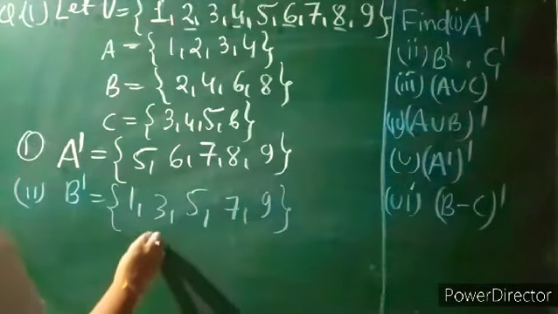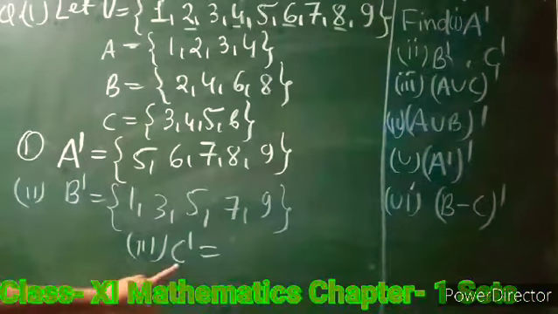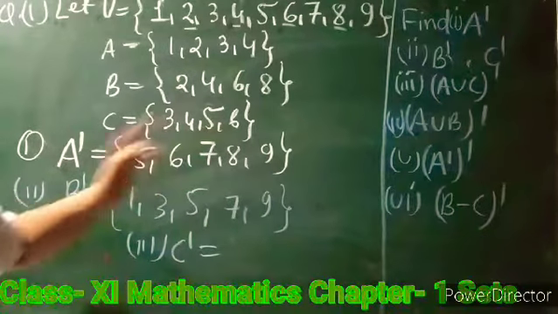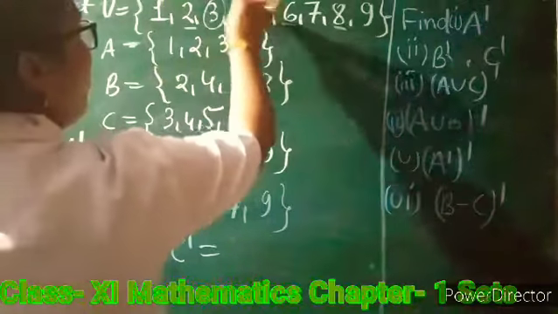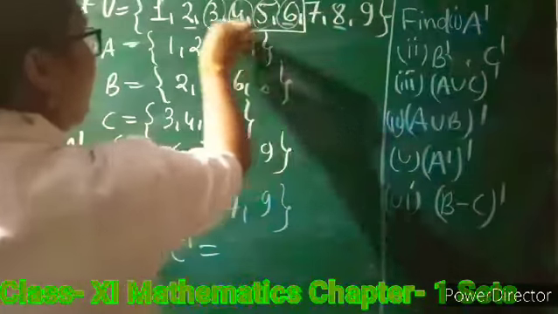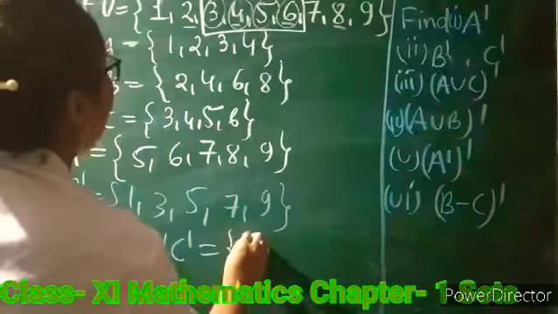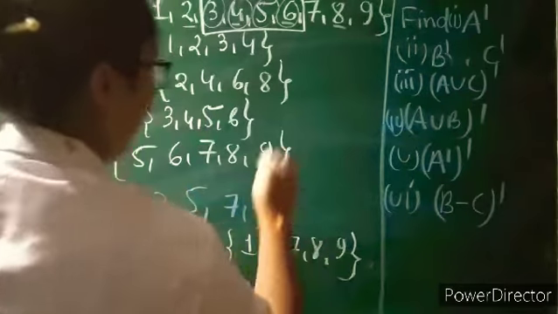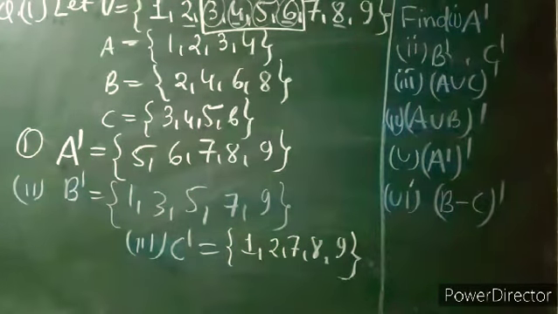And now the third, C dash, that means the complement of set C. 3, 4, 5, 6. Except these elements we consider all: 1, 2, 7, 8 and 9. It is our answer, the complements of set A dash, B dash and C dash.